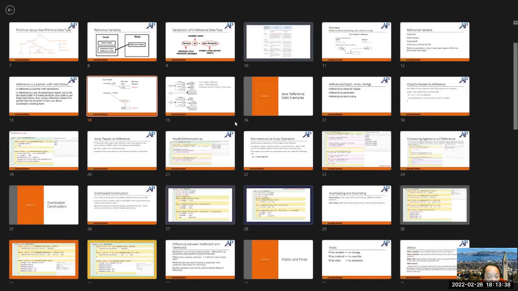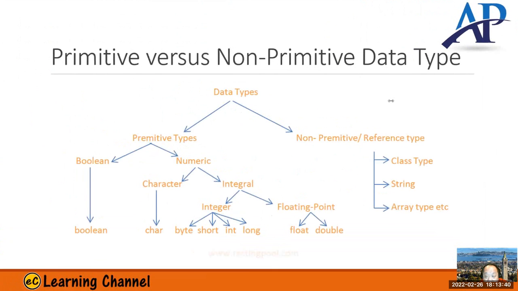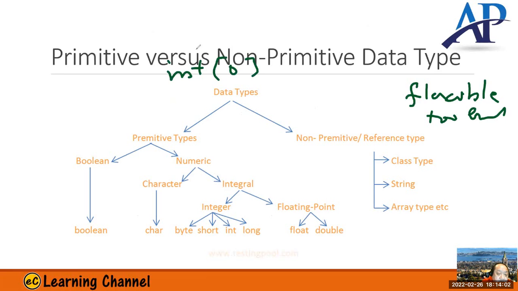Now let's look at the other type, which is the reference data type. For reference data types, we have the class, we have string, we have array type. These three data types have the same feature of being flexible length, sometimes too long. For example, you may have an integer array of 10, you may have an integer array of 100.